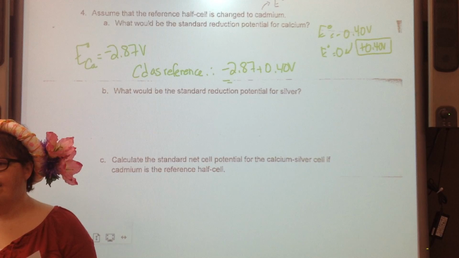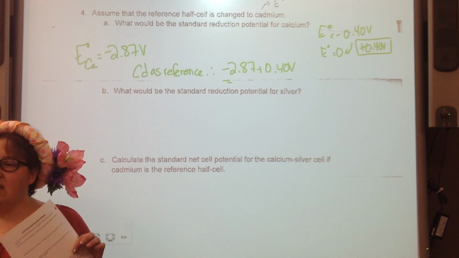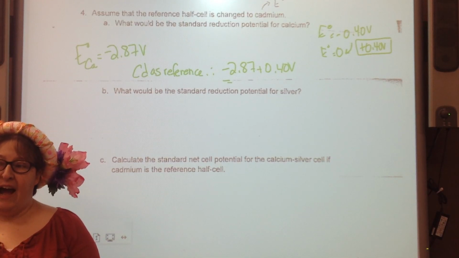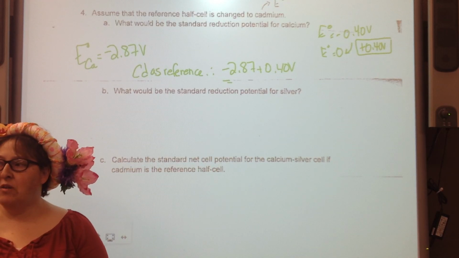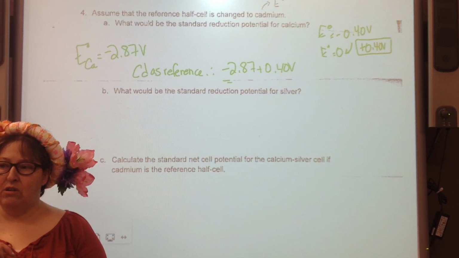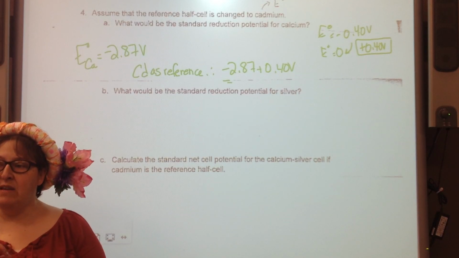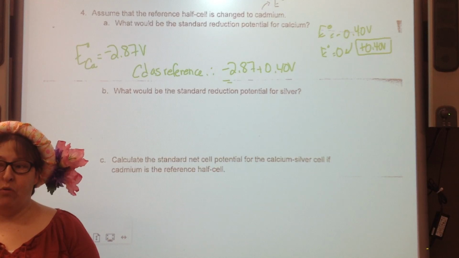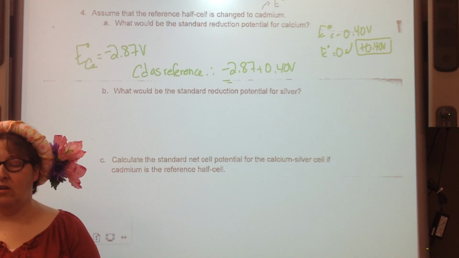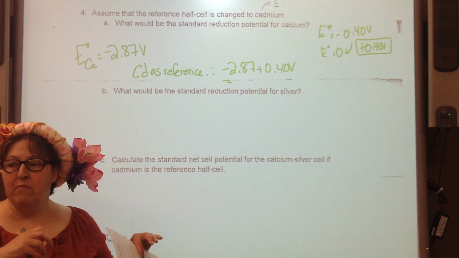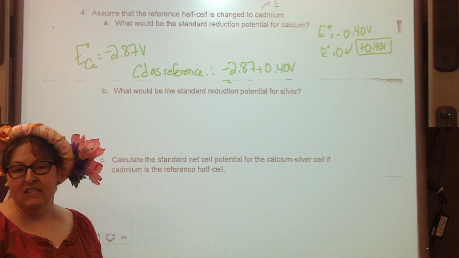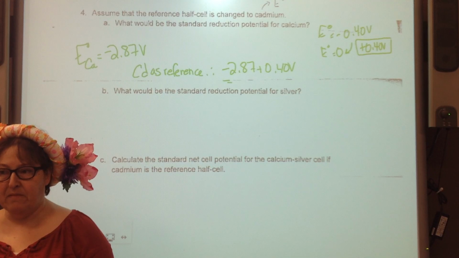Everything in that book is related to hydrogen. But now we're saying we're going to relate everything to cadmium as the reference. So cadmium becomes the new 0. How do we get it to become the new 0? We have to add plus 0.4 volts. Okay, so now instead of everything being in relation to hydrogen, everything's now going to be in relation to cadmium.